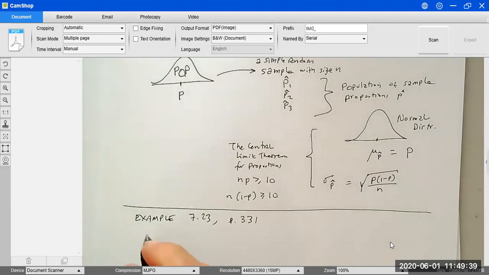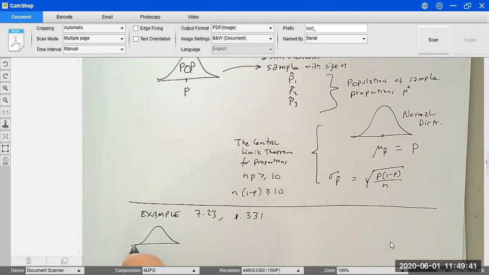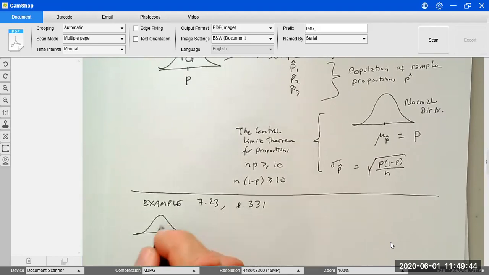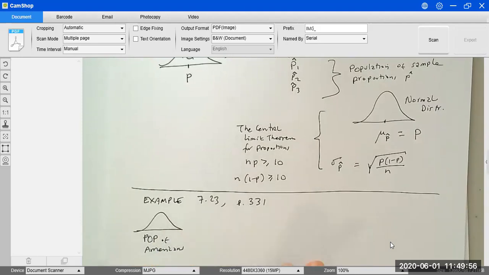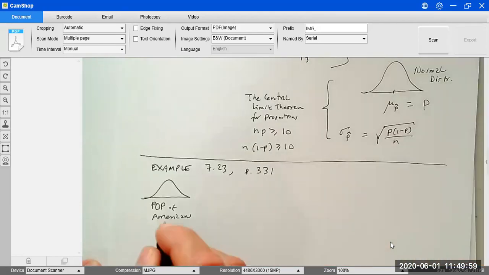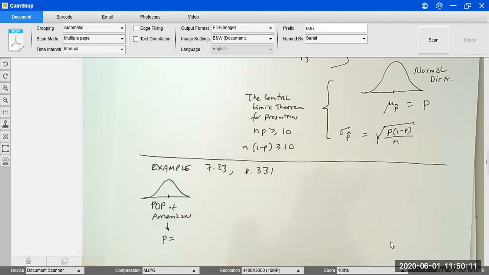So we have a population of people in America. This is the population of Americans, and the proportion of that population that likes the chocolate flavor is 27%, so it's going to be 0.27.